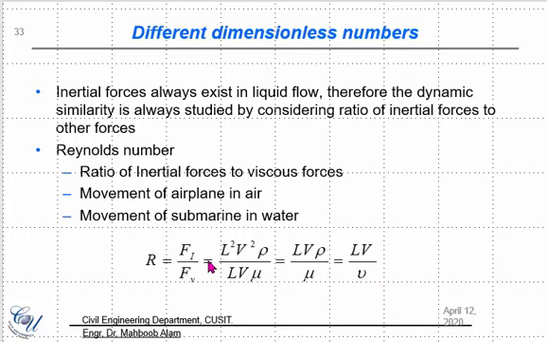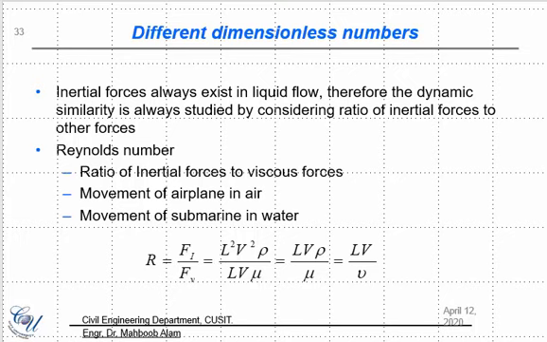So the ratio of Reynolds number in the model and in the prototype has to be looked into, and we already said that Reynolds number would be important where, for example, we are considering the motion of a submarine which is completely underwater.